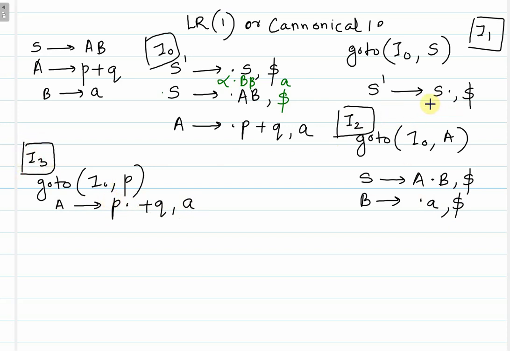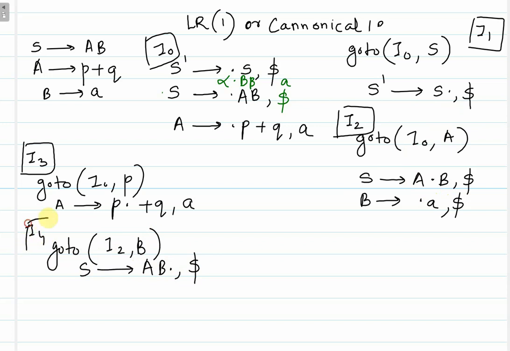Next, come to I1; goto is not required. For I2, goto computation is required on B and a. Goto of I2 on B gives S → AB., $, a new item, I4. Goto of I2 on small a gives B → a., $, which I'll name I5.